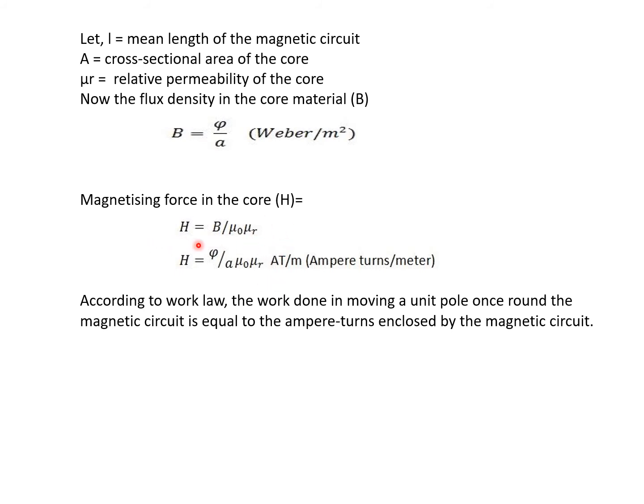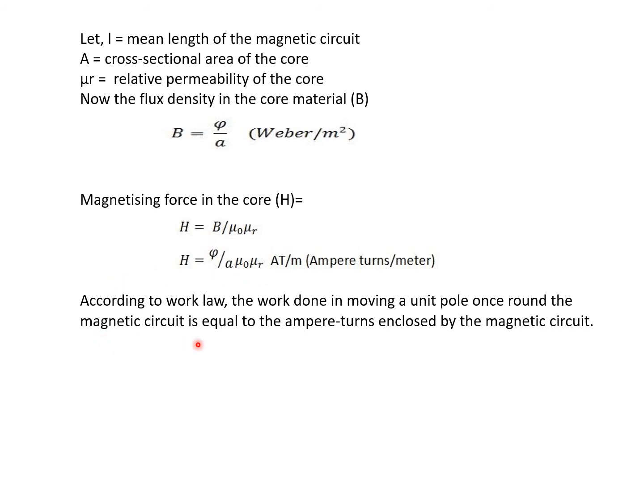H is equal to B upon mu 0 mu r. Now here what we are doing, we are substituting the equation of B is equal to phi upon A in this equation. So the magnetizing force H is equal to what? It will be phi upon A mu 0 mu r.